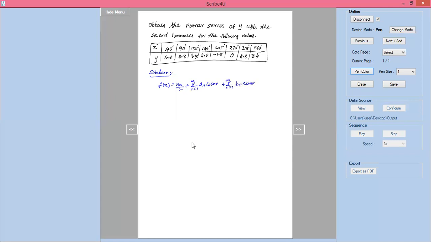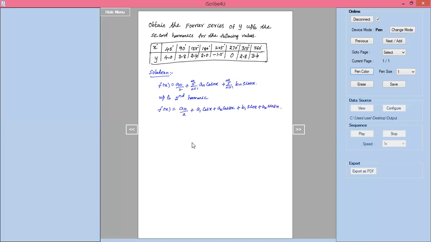But here up to second harmonic means, I'll take the formula up to the second harmonic. We'll write f of x equal to a naught by 2 plus a1 into cos x plus a2 into cos 2x plus b1 into sin x plus b2 into sin 2x.